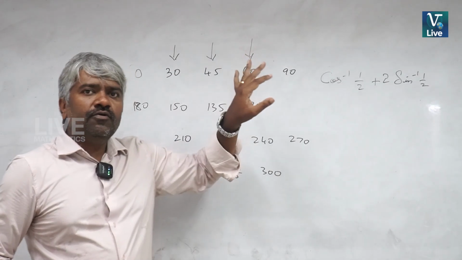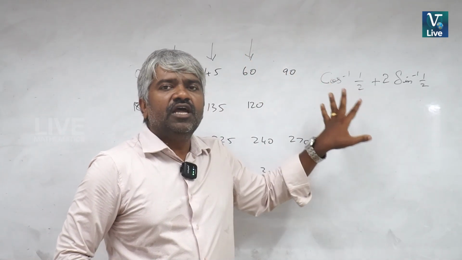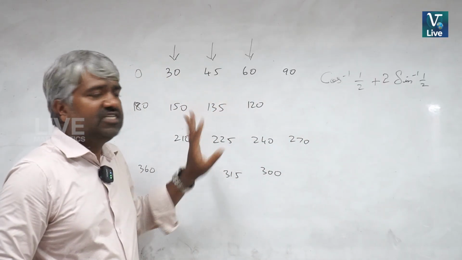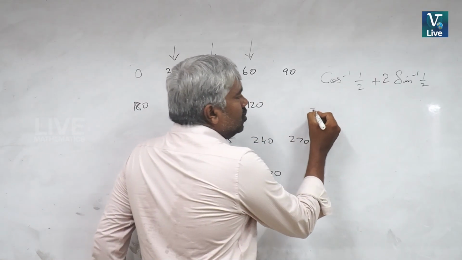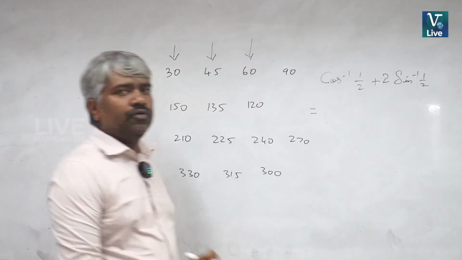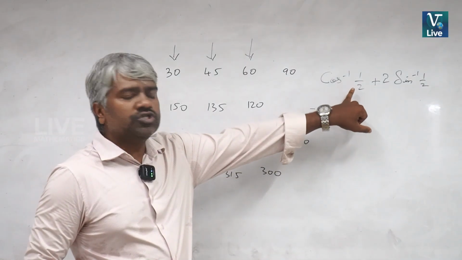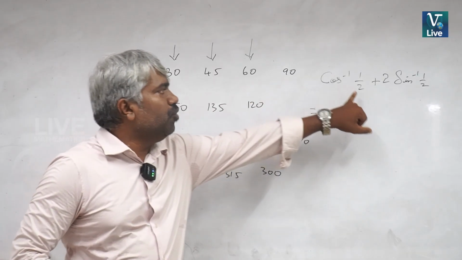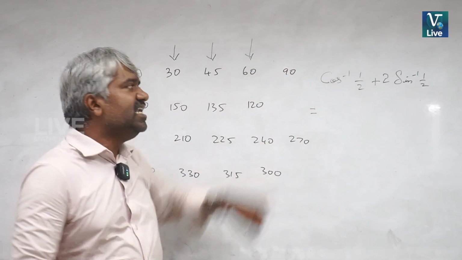I'm going to find the solution of this with the help of the principal value, with the method that I've explained in the previous session, right? So cos inverse of 1 by 2. We know that since it is positive, the cos value will be 1 by 2 when it is 60 degrees.